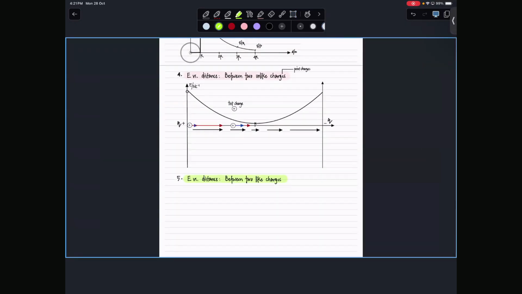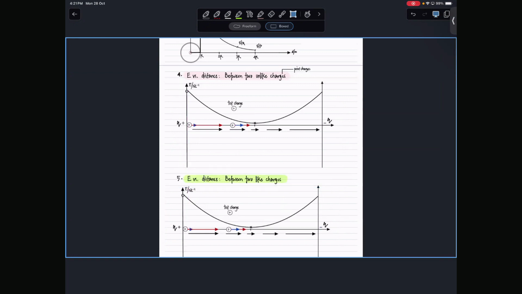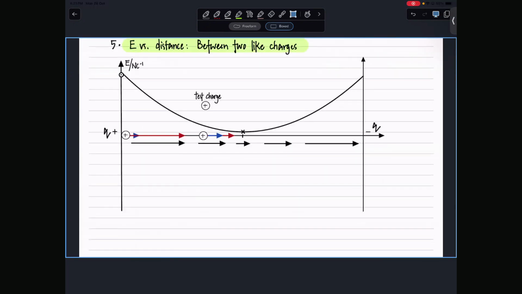We'll follow the same process, and I want you to do the thinking here. So tell me what to do here. So here we have positive Q. This is also positive Q. Let's say it's the same amount of positive Q as well. Right. So I've kept the test charge aside.